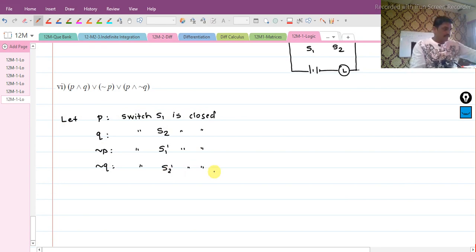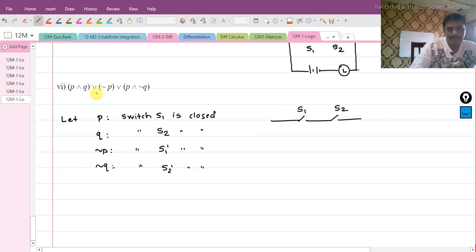Okay. Well, let's prepare. What will this become? P and Q, they are in series, S1 and S2, ORed with negation P, S1 dash, ORed with P and negation Q, S1 and S2 dash.